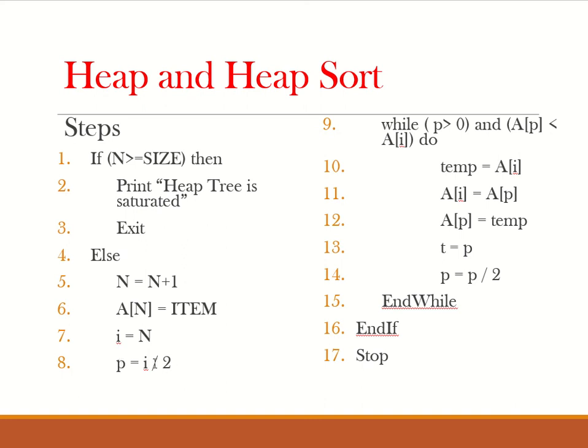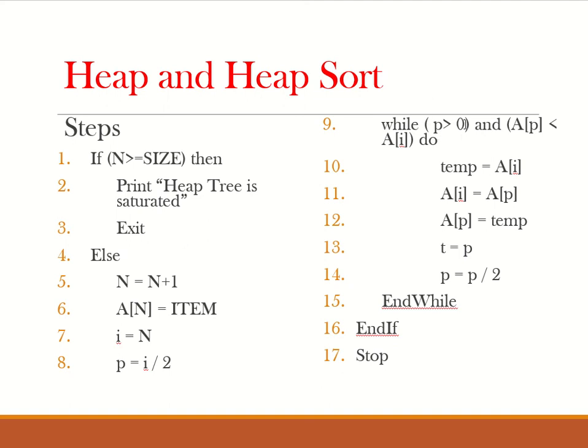Now you check whether p is greater than 0, which means it is part of the array, since the array index runs from 1 to n. If you get the value 0, that means it is the root. You are inserting the first element, it is the root, so you cannot find its parent. Parent doesn't exist.